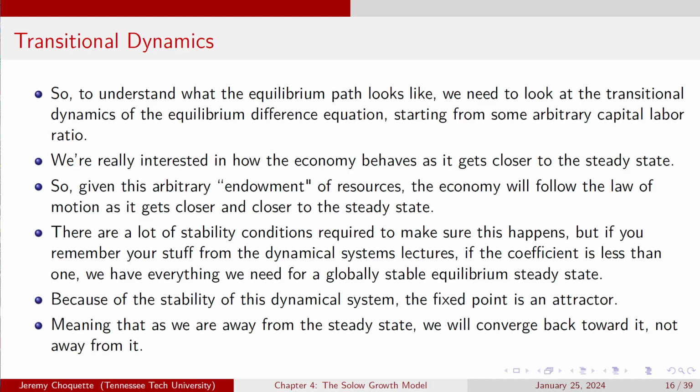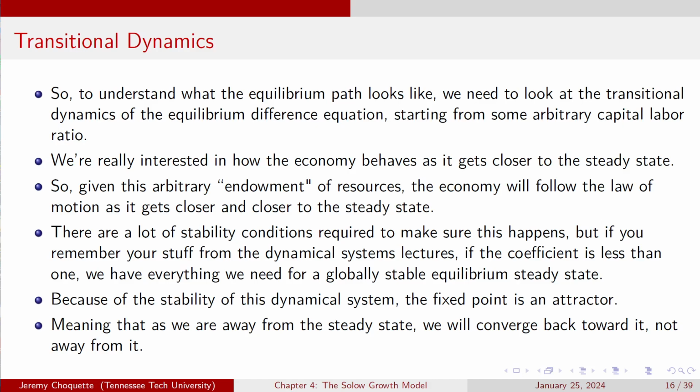Now, there's a lot of stability conditions required to make sure that this happens. But if you remember everything from the dynamical systems lecture, if that coefficient's less than 1, we have everything we need for a globally stable equilibrium steady state. And because of the stability of this dynamical system, the fixed point is an attractor.